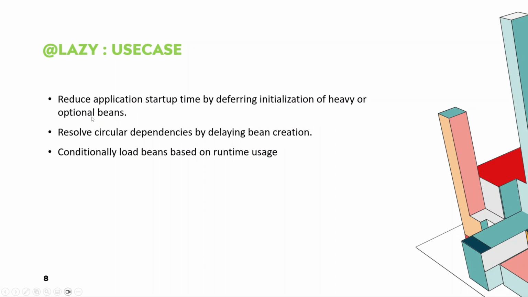If those beans are optional and we don't use them regularly, you can use @Lazy. The objects will be created whenever we need them, whenever we call them. We also use it for circular dependencies and to conditionally load beans based on runtime usage. These are conditional. Whenever we need to access those beans, the objects are created because of @Lazy.